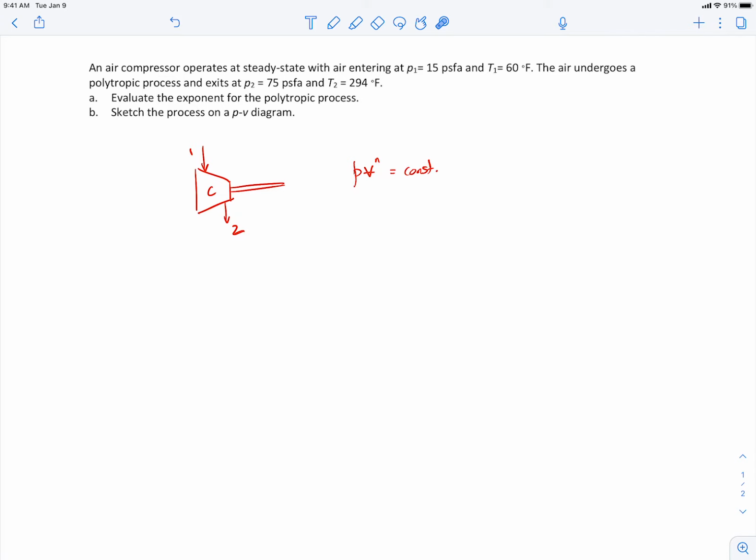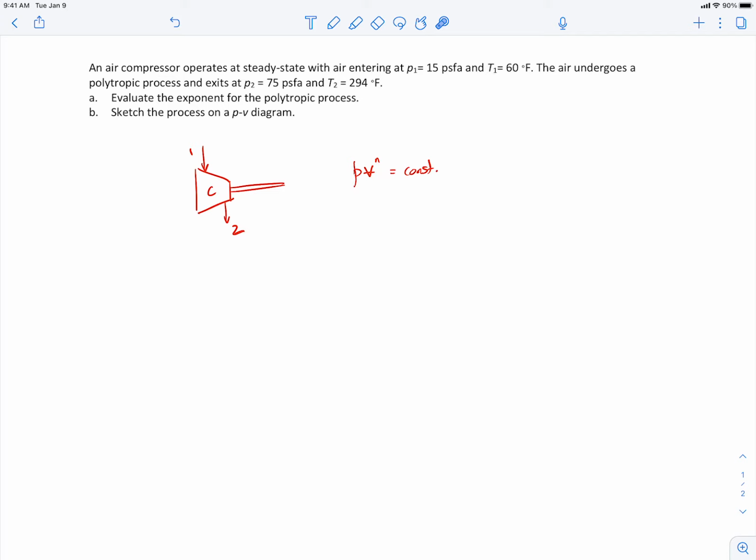So we're asked to find the exponent for the polytropic process, so we need to figure out what that n is and then sketch that process on a PV diagram. To find what the constant n is, we can make use of the given state information at states 1 and 2. Now we know the pressure, that's given, but we're not given the specific volume, but we can find that because we're told that we're dealing with air, and we're going to assume the air is an ideal gas.